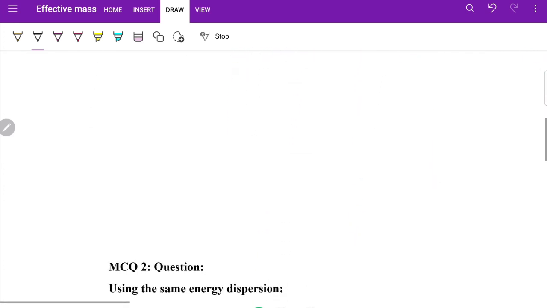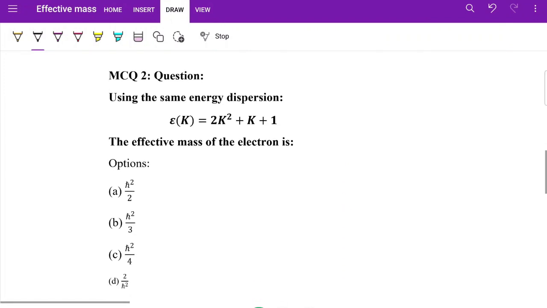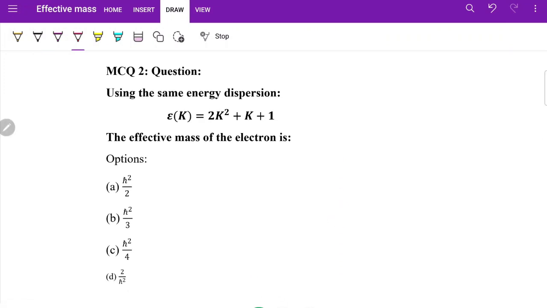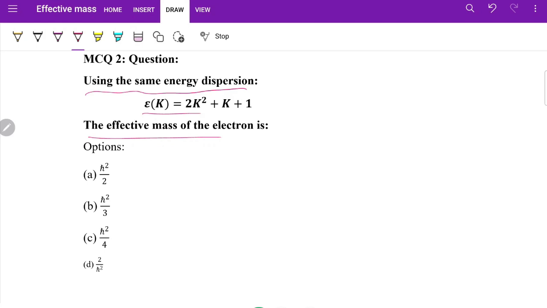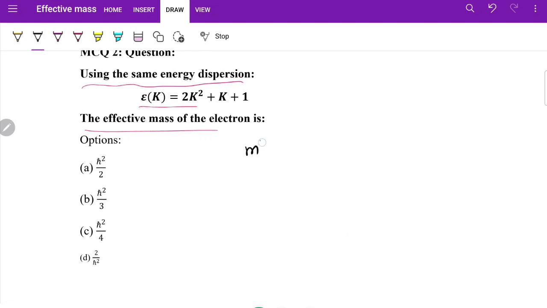Now let us see the next problem. Using the same energy dispersion, what is the effective mass of the electron? We already discussed the expression for effective mass: m star is equal to h cut square by d square E by dk square.